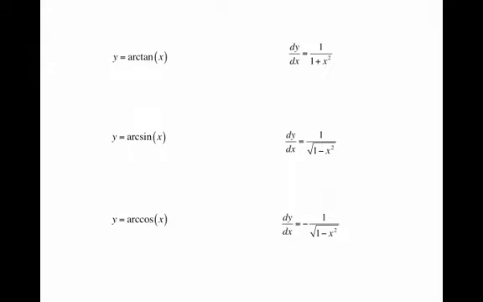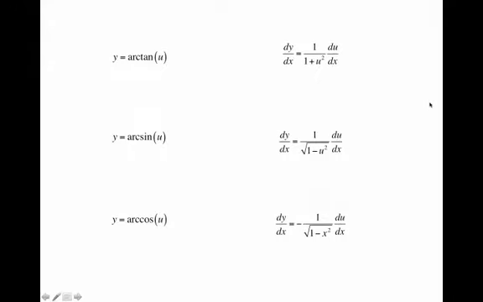The derivative of arc cosine is very similar. If we have a composite function, y equals arctangent of u, where u is a function of x, then you just attach a du dx using the chain rule. So you get these three.